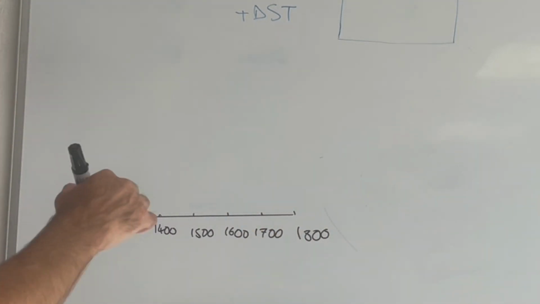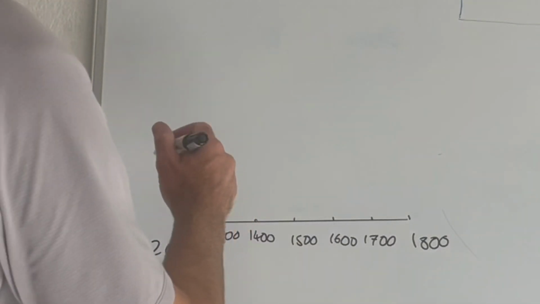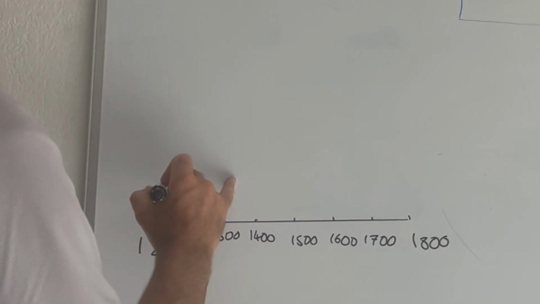And the top line there is going to be the adjustments from the table, -40 to -18, -40 to -18.